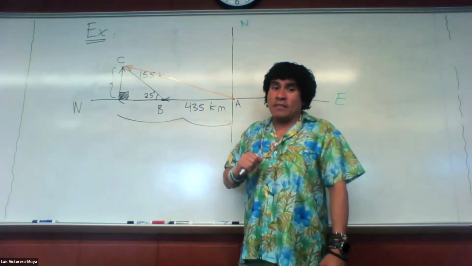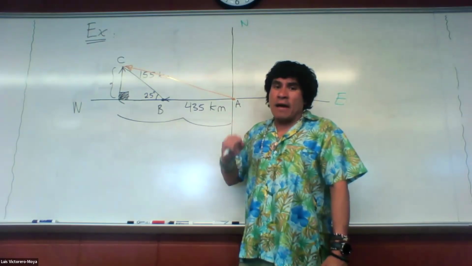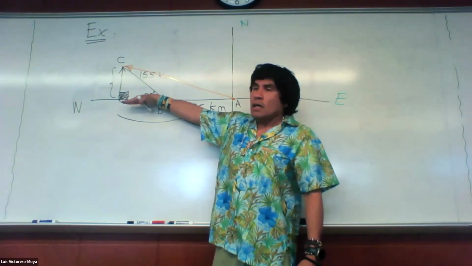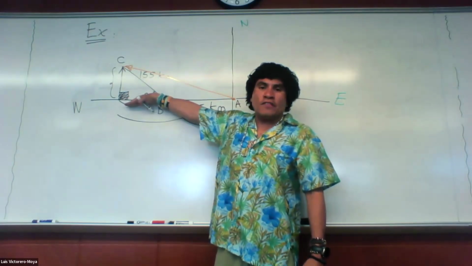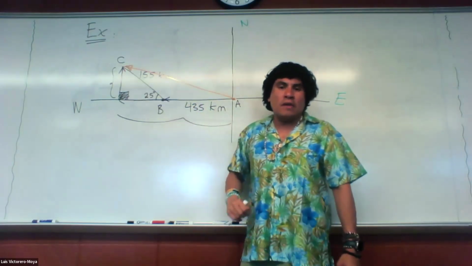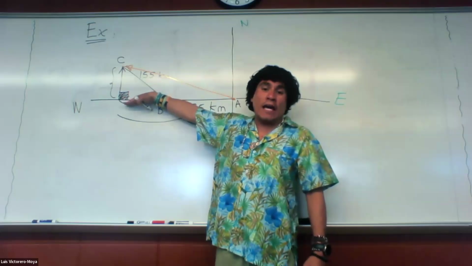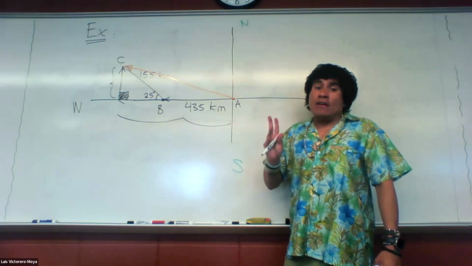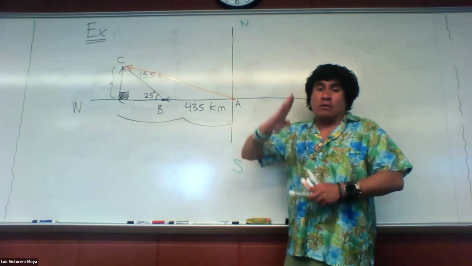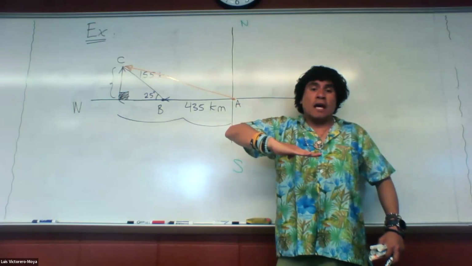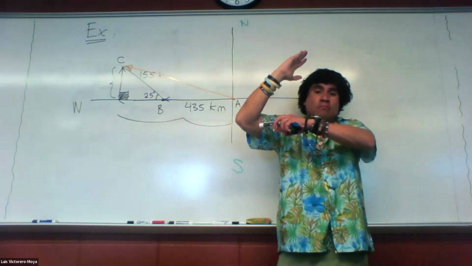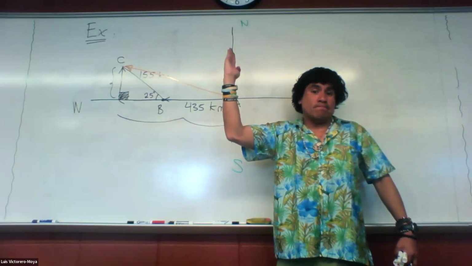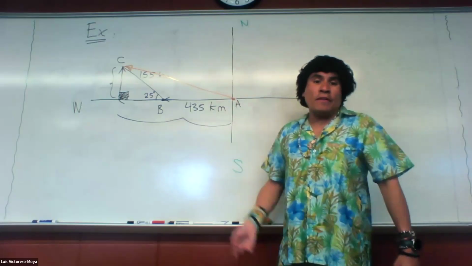Like I said yesterday, if you have questions about the math, now is the time, because to find the horizontal and the vertical components, this will be 155 cosine, 155 sine directly. If you have the hypotenuse of a right triangle and you have this angle here, cosine, sine, using what we did with vectors.